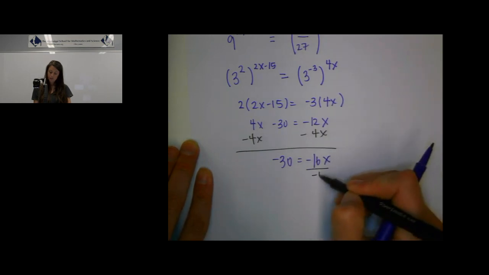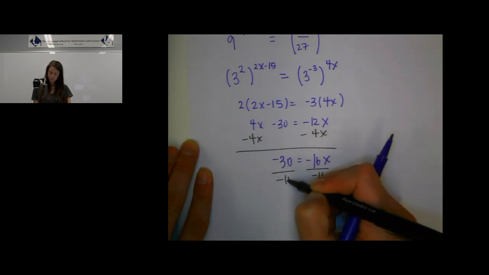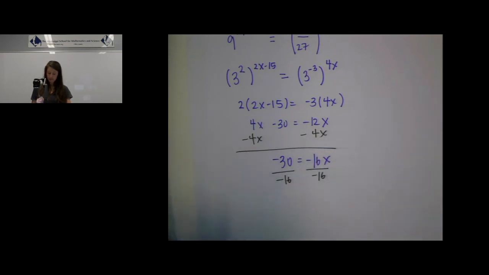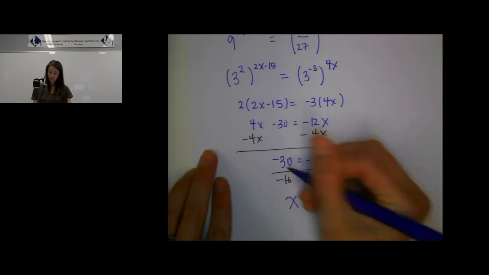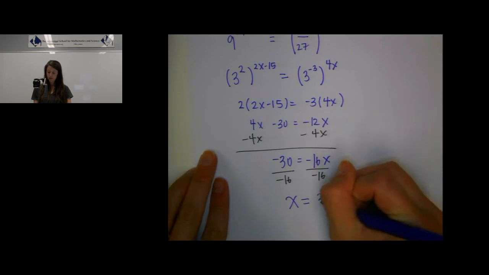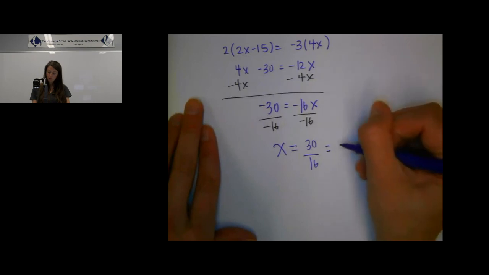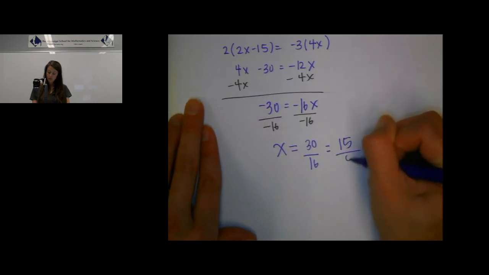And I'm going to divide both sides by negative 16. And that can reduce, but it can't go evenly. So negative 30 over negative 16 is a positive 30 over 16. 2 can go into both of those, so that's going to be 15 over 8.